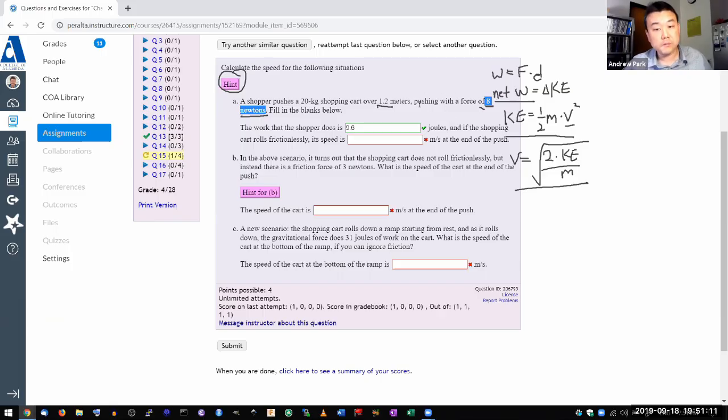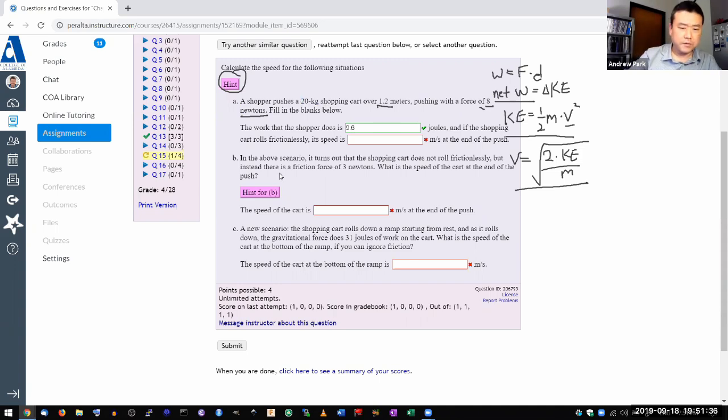So this amount of work should be equal to the kinetic energy at the end. So in this formula here, I know the kinetic energy now. It's 9.6 joules. So I do the rest of the calculation. 2 times 9.6 joules divided by this mass given here, square rooted. That should be the speed.